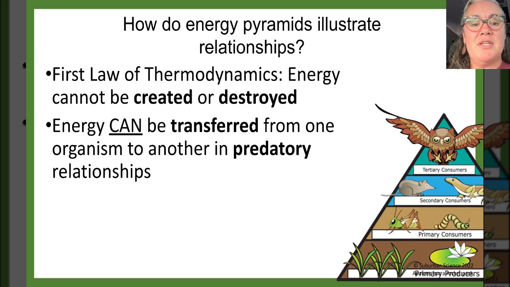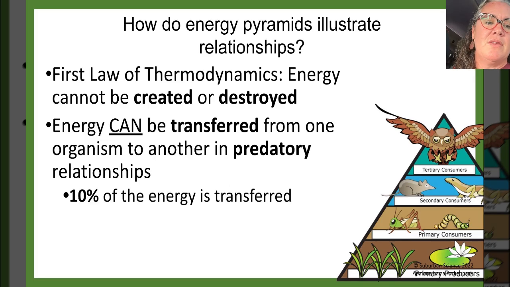And when we look at ecosystems, there's a big loss. Within living systems, because we do have to use energy for life functions, the energy that is available at each level is only transferred by about 10%.